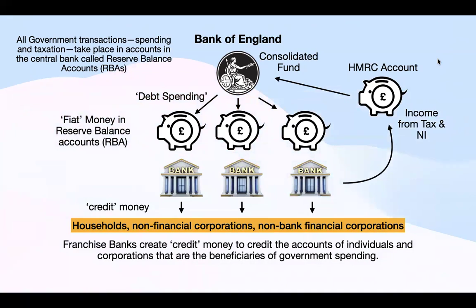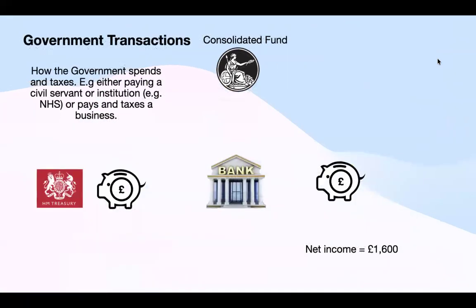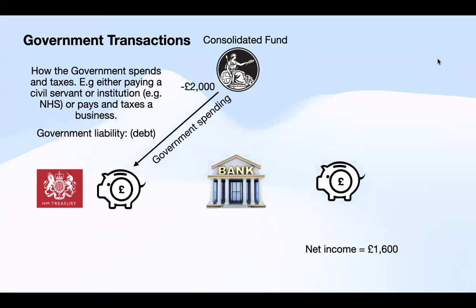But the government, so let's see how that works out in a specific example, how the government spends and taxes. So, for example, I'm going to use a civil servant. Let's just, for the sake of illustration, say that his gross salary for the month would be £2,000. But you could apply this for institutions or NHS or anyway. So first of all, we start with the government spending.